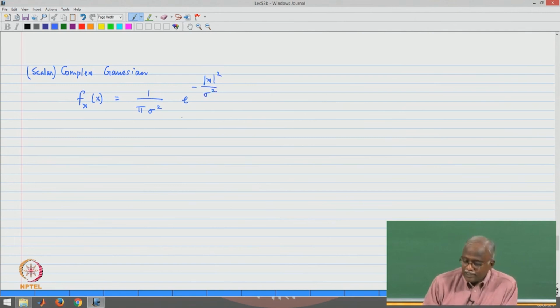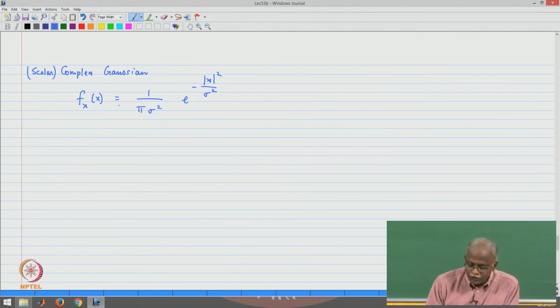Again, you can refer to books like Proakis to confirm that this is the probability distribution function of a complex Gaussian variable.